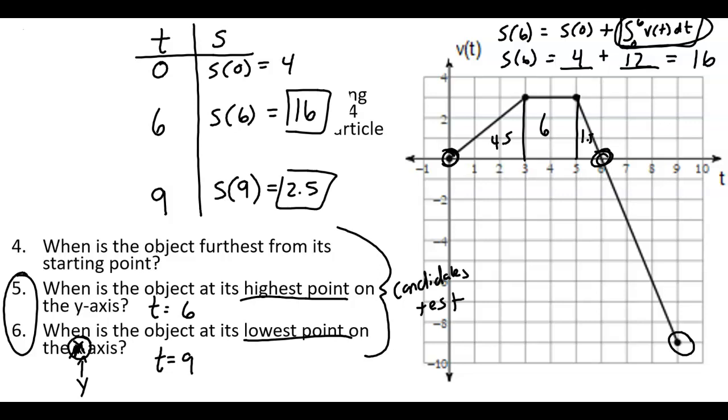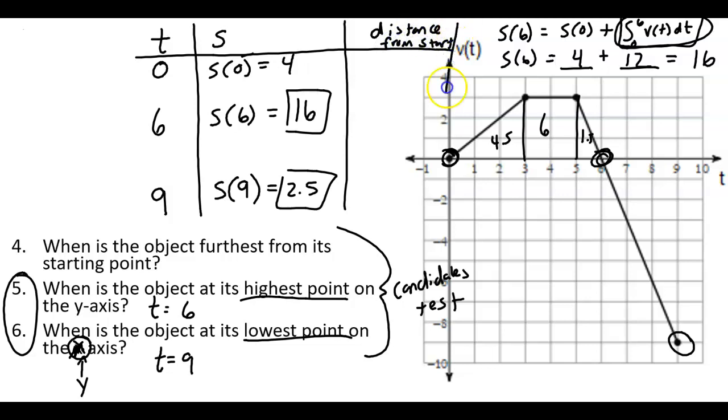Now the next question says, when is the object furthest from its starting point? That's a different question, but we don't really have that much more work to do to find the answer. Let me show you why. What was my starting point?